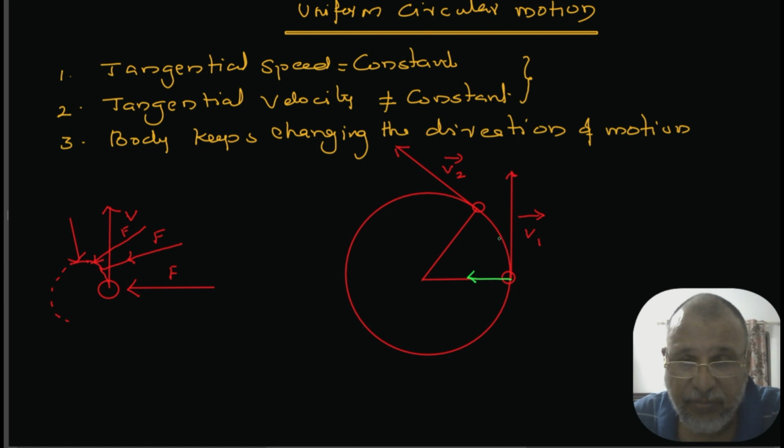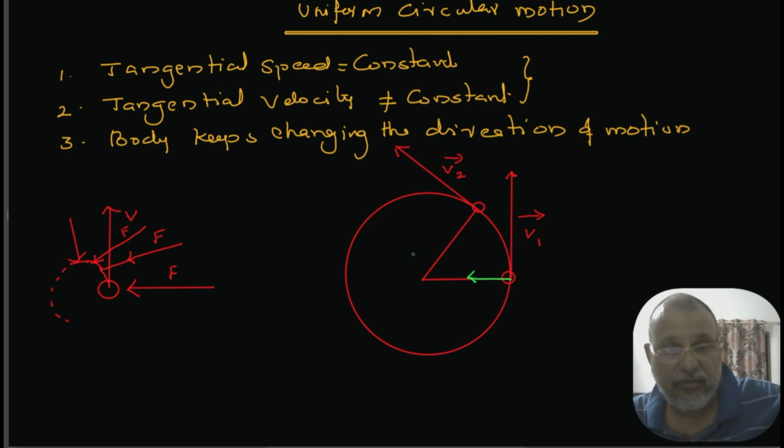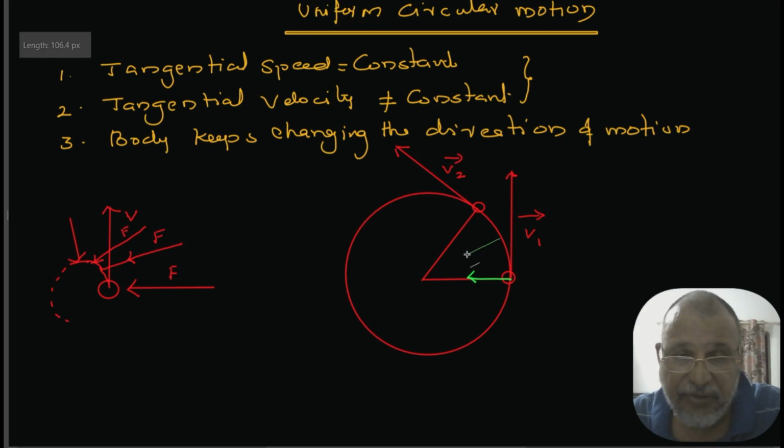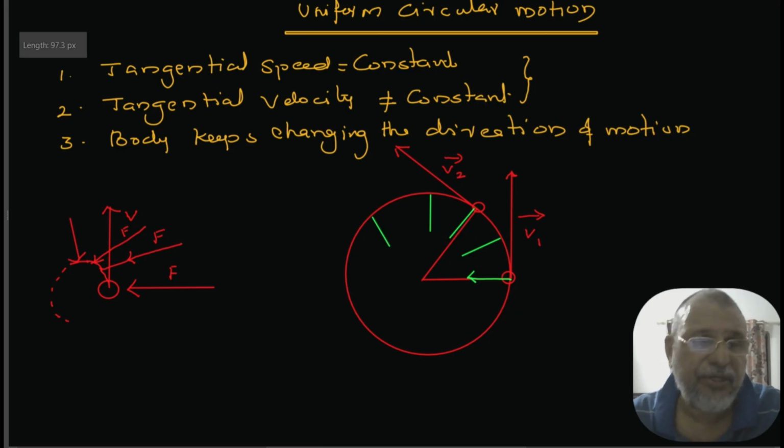Here, you need to apply a force in this direction, the same force in magnitude. And here, you have to apply a force of the same magnitude in this direction. Always perpendicular to the path.